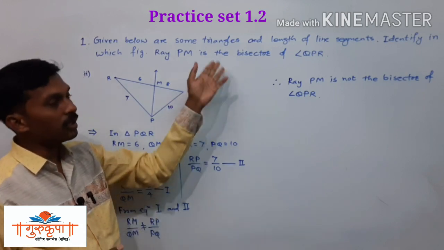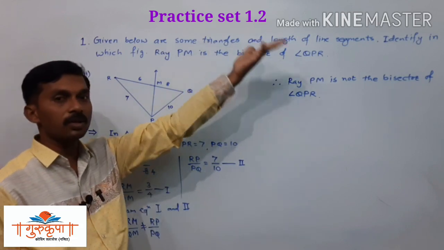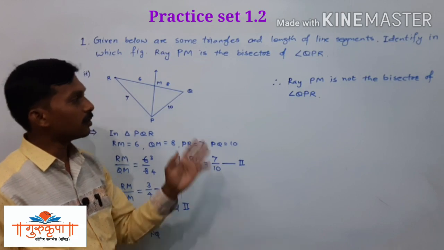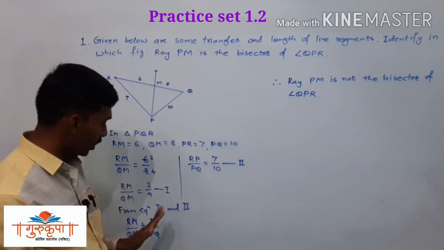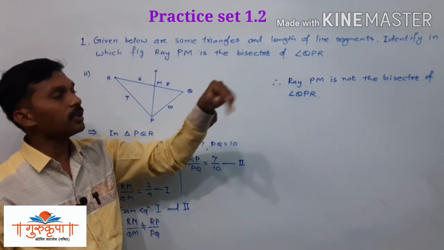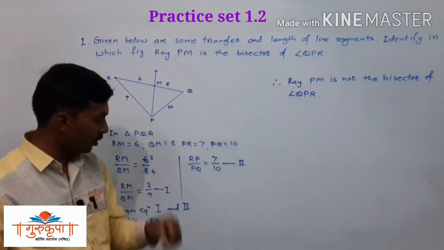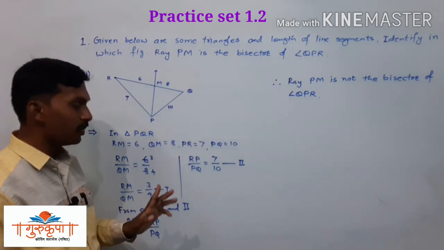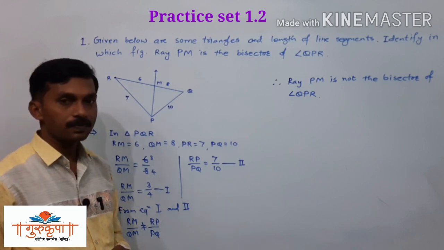If these two ratios are equal, then we can write by using the converse of angle bisector property that PM is the bisector of angle QPR, but that property is not applied here. So we didn't write the name of the property there, directly we write Ray PM is not the bisector of angle QPR. Why not? Because RM upon QM is not equal to RP upon PQ.